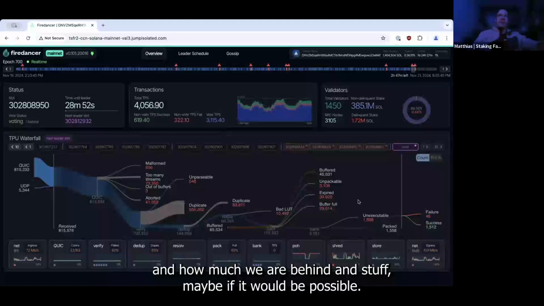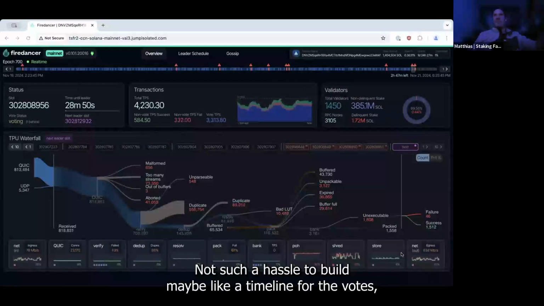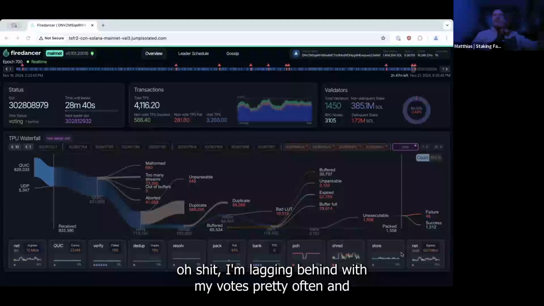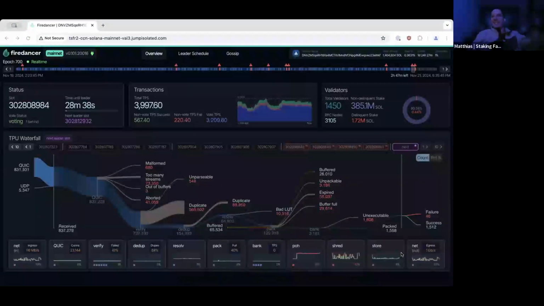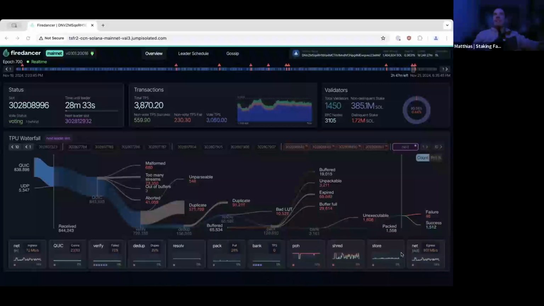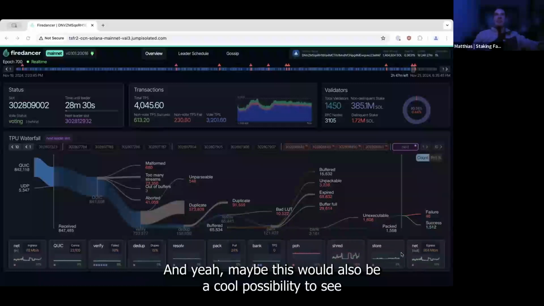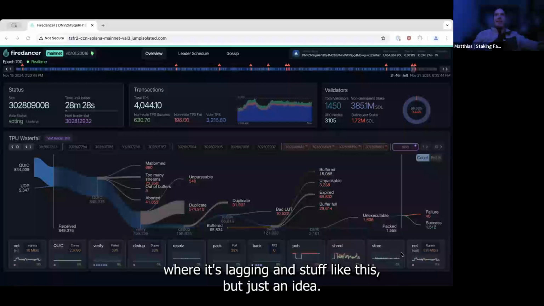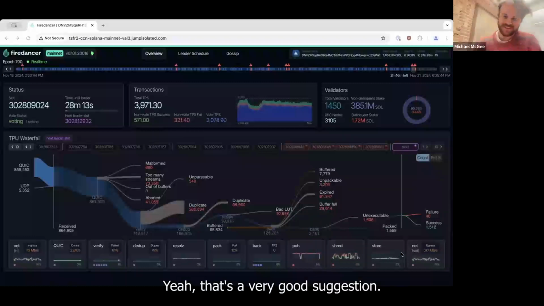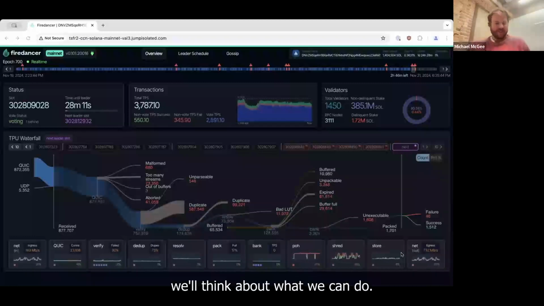Maybe, if it's possible and not such a hassle, you could build in a timeline for the votes, because with TVC upcoming, I'm pretty sure some people will see that they're lagging behind with their votes pretty hard and won't get that much rewards. This could be a cool way to see where it's lagging. But just an idea, I have no idea how complicated this would be. Yeah, it's a very good suggestion. Thank you. We'll think about what we can do.